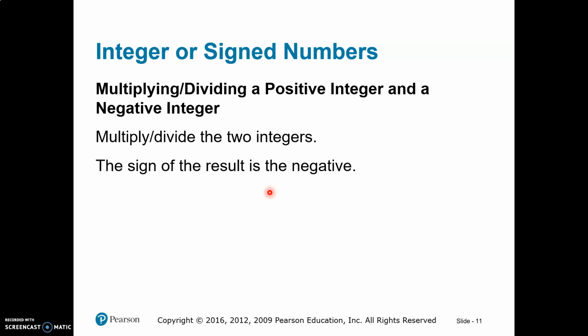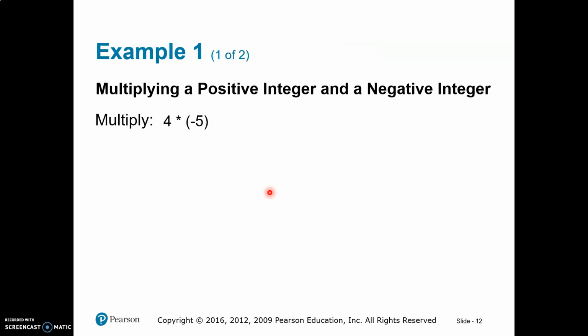For example, 4 times negative 5: 5 times 4 is 20. A positive times a negative is negative, so the answer is negative 20.